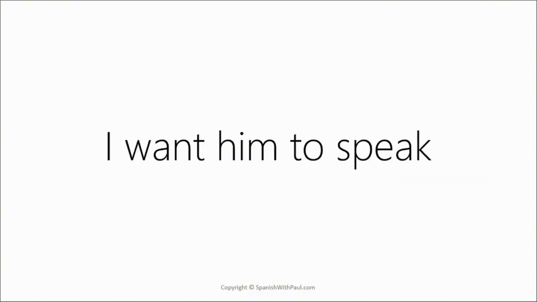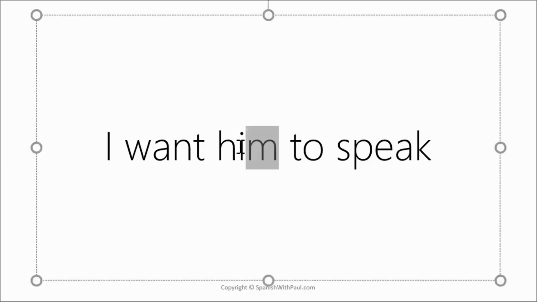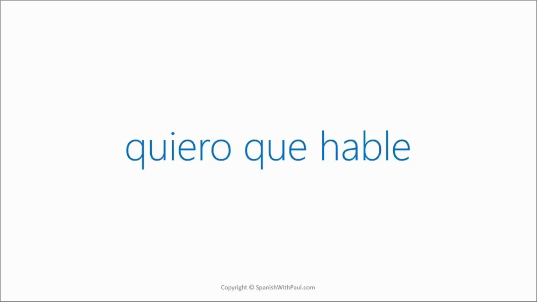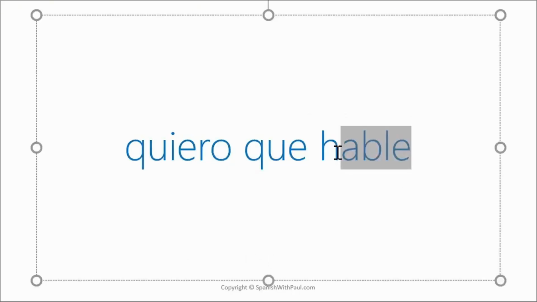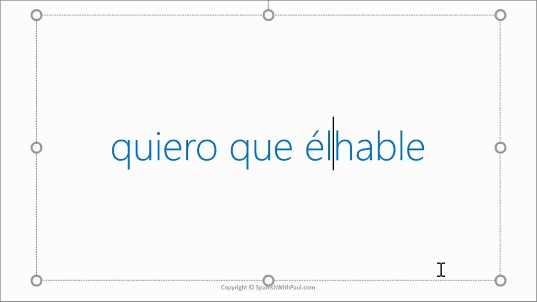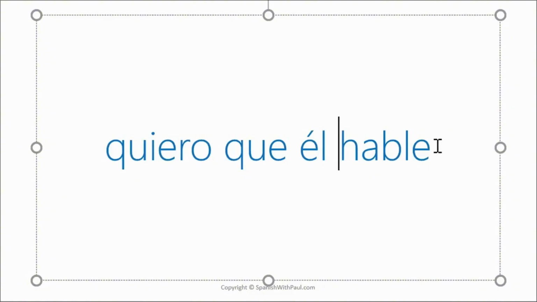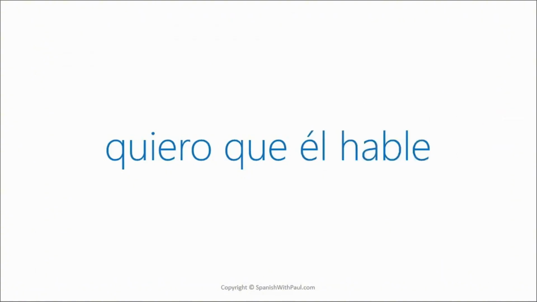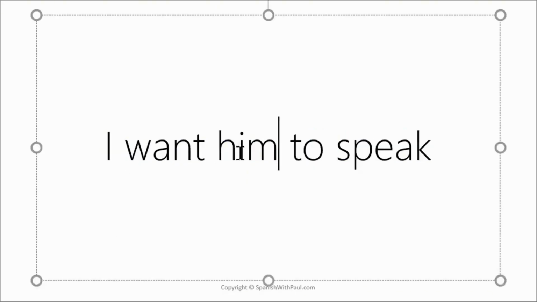Say we have, I want him to speak, and it's not clear that you're referring to him. So normally we would have quiero que hable, because hable stands for he speaks, along with all the others. So what you would do is just put in the clarifier of él in front of the subjunctive here. So quiero que él hable would be making it explicitly clear that you want him to speak.